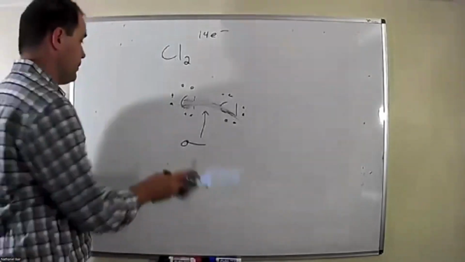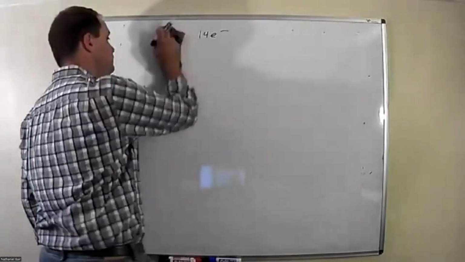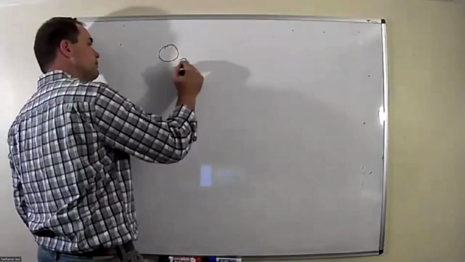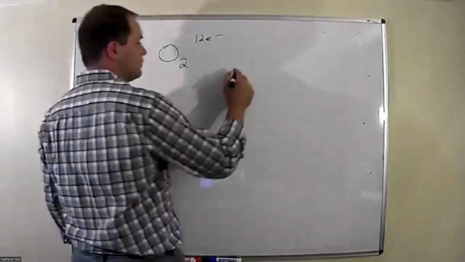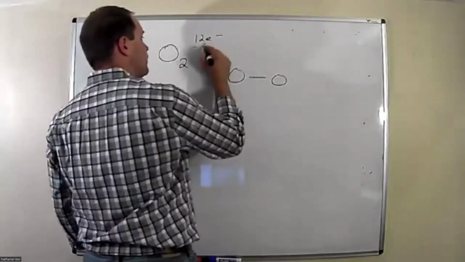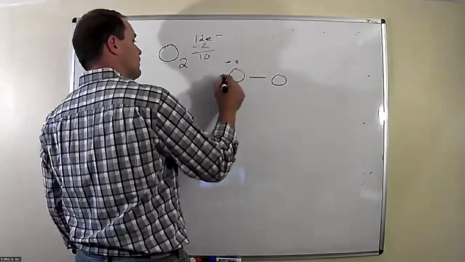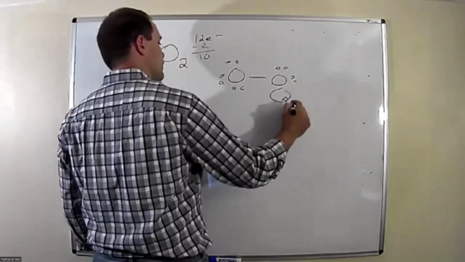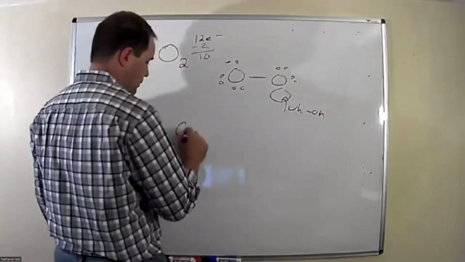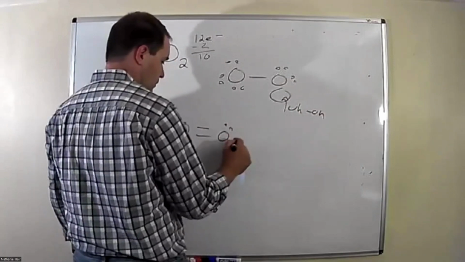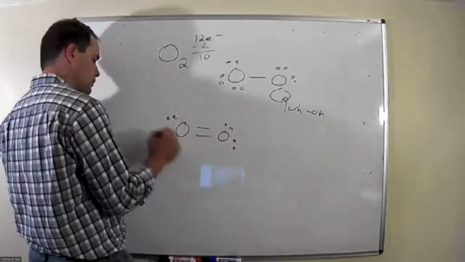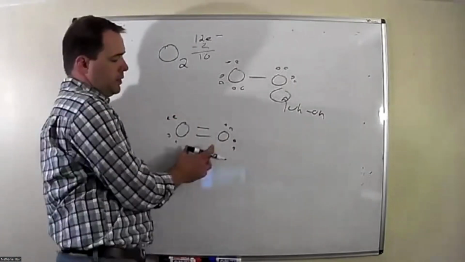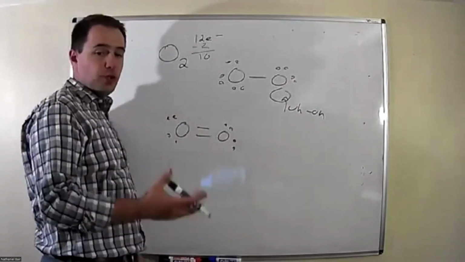For example, I got to share 4 electrons between these two oxygens in O2.